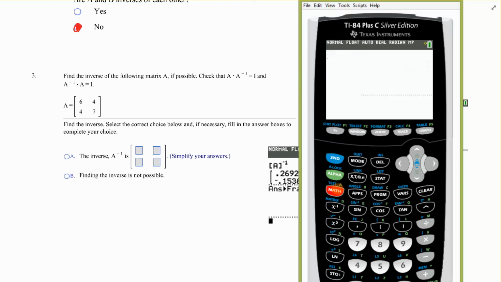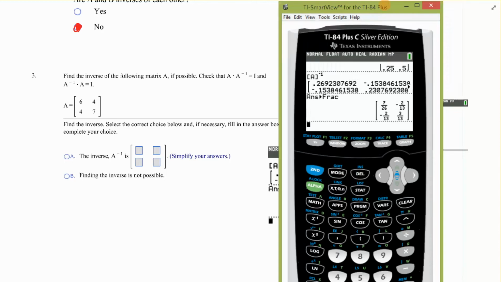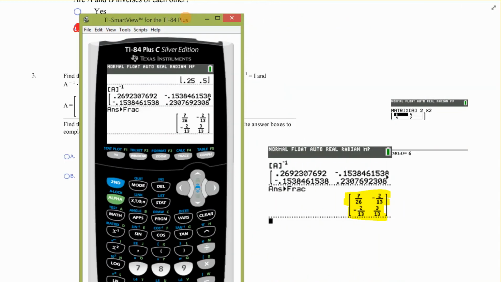So hit math and enter on fraction, and we get those answers right there. So when you get these crazy decimals, you'll want to do math and fraction, and you can get the answers that they're expecting you to have in the boxes.